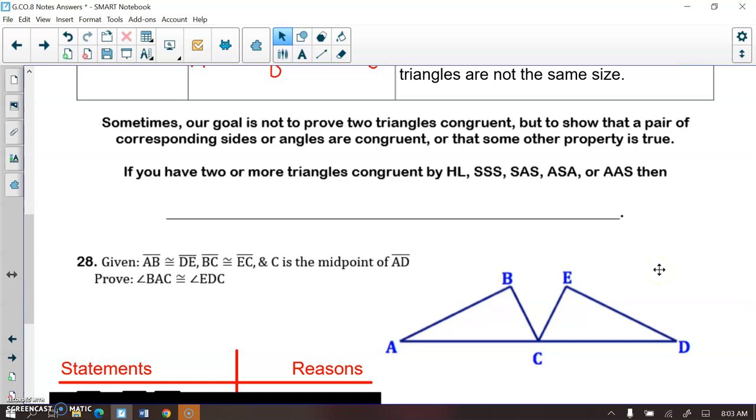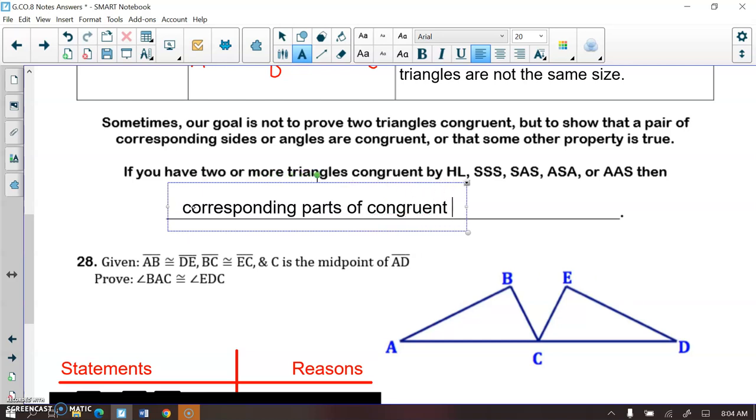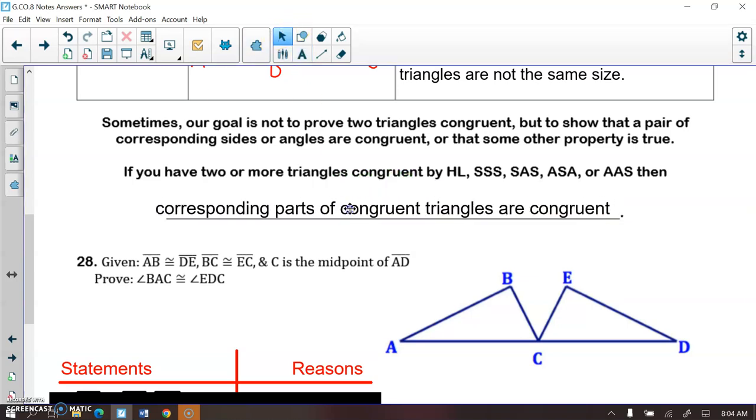We're going to still prove the triangles congruent, but then we use the criteria that corresponding parts of congruent triangles are congruent to prove that parts of triangles are congruent.